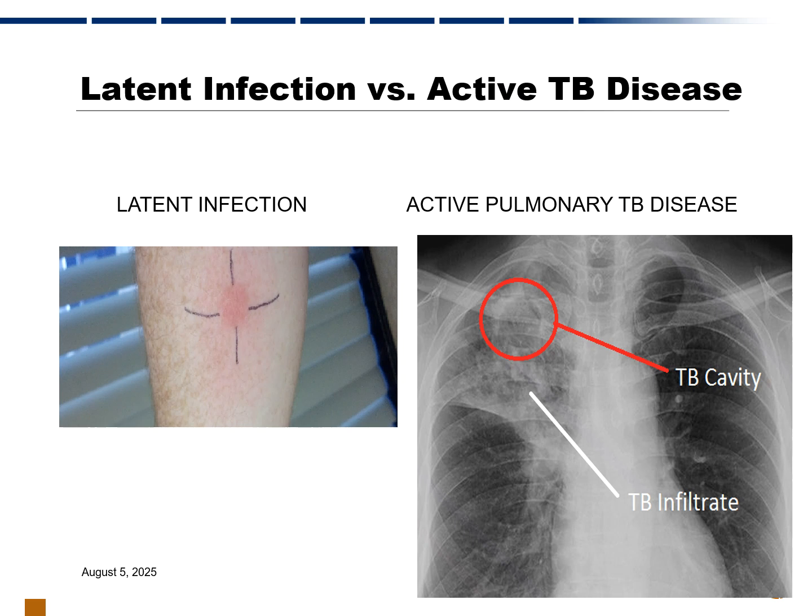A chest x-ray that would show either a cavity or infiltrate would be considered active pulmonary tuberculosis. TB can also spread to other areas of the body. So people that have active pulmonary TB might be checked for TB in other areas of the body as well.